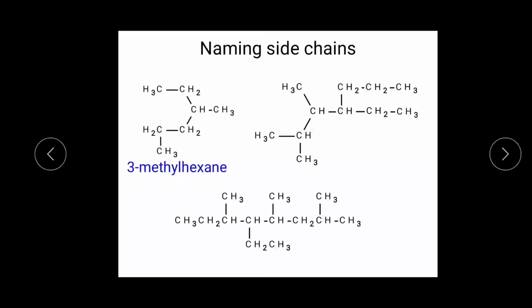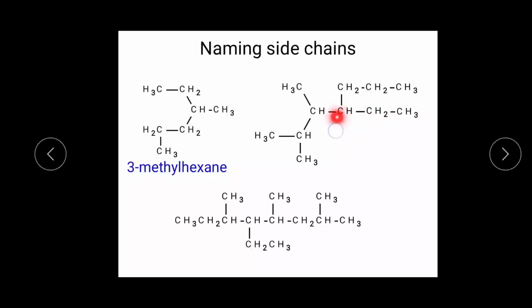Next, this structure may look complicated, but you have to look first for the longest possible chain. 1, 2, 3, 4, 5, 6, 7.